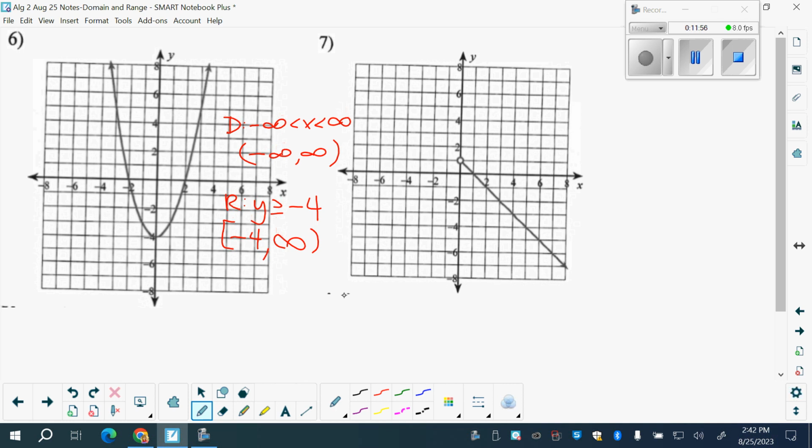Okay, and then number 7. What is the domain on number 7? Anais, can you tell us what the domain would be? So remember, domain is left to right. So in our domain, x has what relationship to 0?